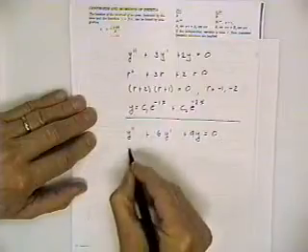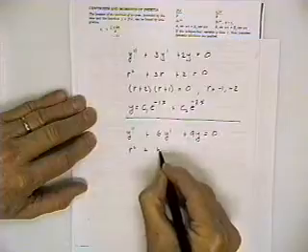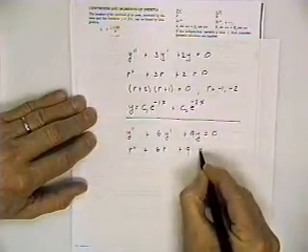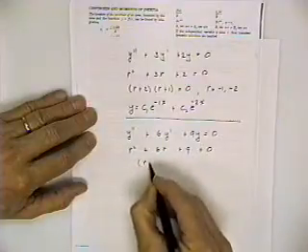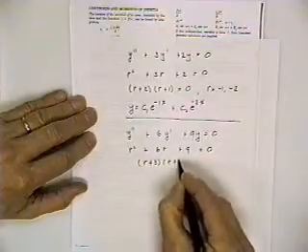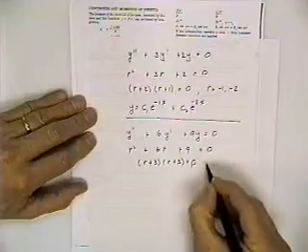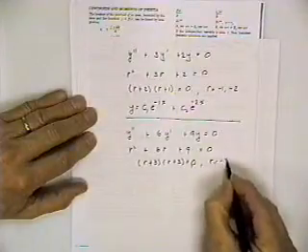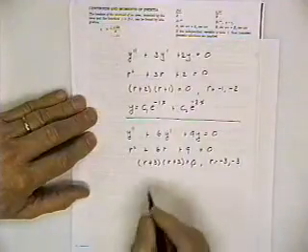The characteristic equation is r squared plus 6r plus 9 equals 0. And this factors into r plus 3 times r plus 3 equals 0. And we have to remember that r is equal to minus 3, or its repeat, minus 3.